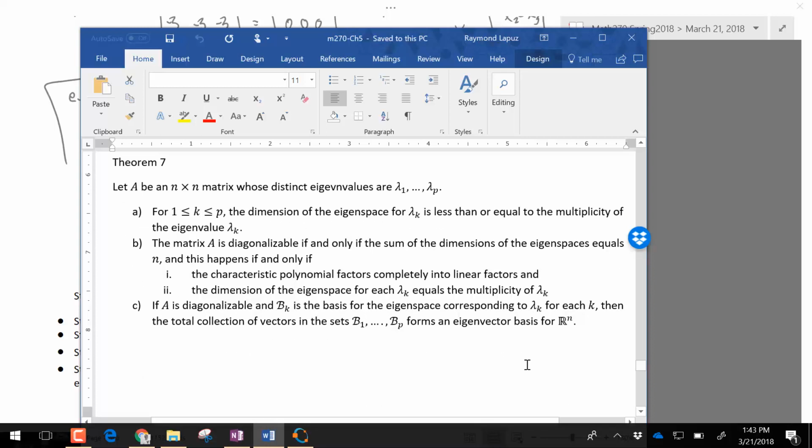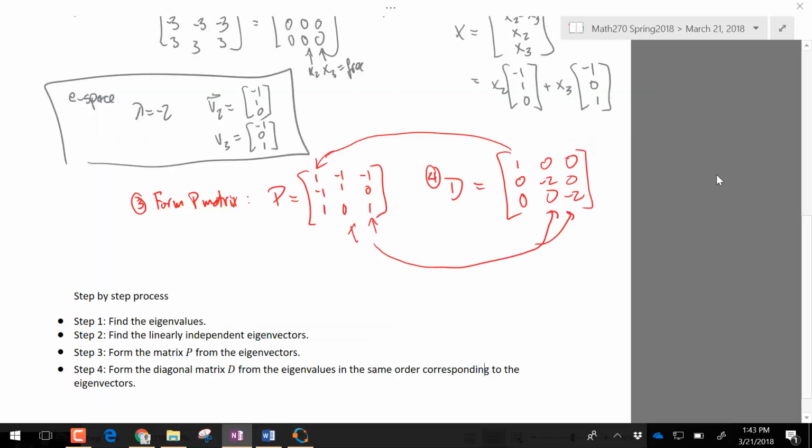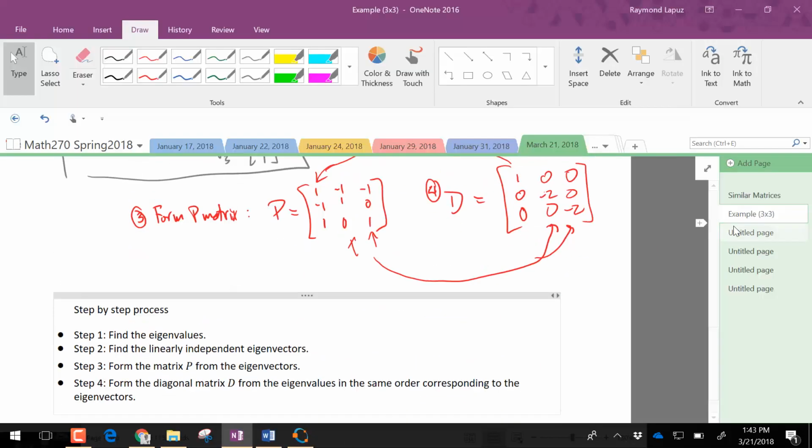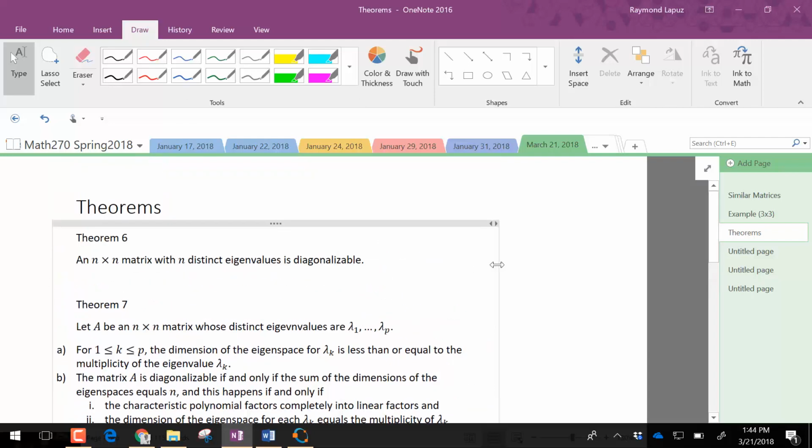Let's put just a couple more theorems. If you have n distinct eigenvalues, it's diagonalizable.